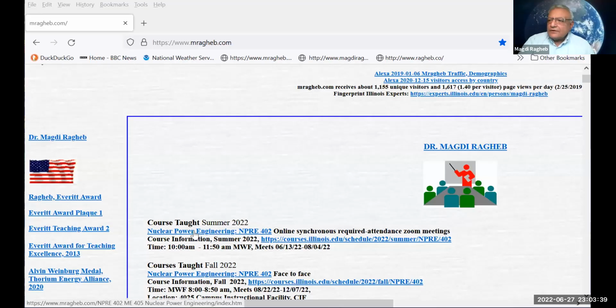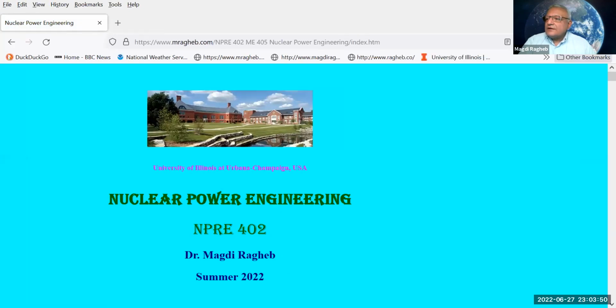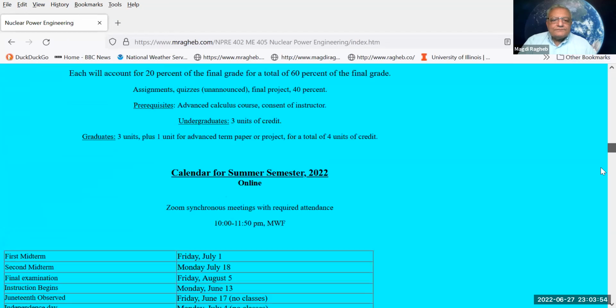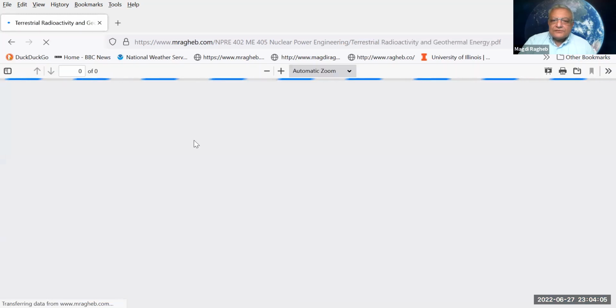So we go and share the screen here, and let us make it simple here. We go to the Nuclear Power Engineering web site, and we'll find that the terrestrial radioactivity in our Earth's crust could be the basis of a form of energy that we call geothermal energy.